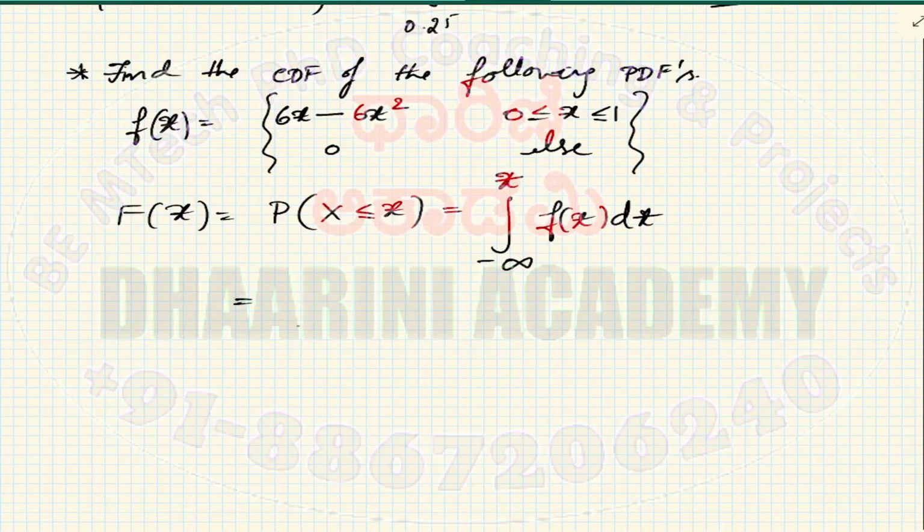Substitute this value, f of x is nothing but this. I cannot put this limit because there is a 0 else, so I just have to integrate from 0 to x. In this case it is only that. So from 0 to x, this is 6x minus 6x squared dx. We just have to integrate to get a single answer at the end.